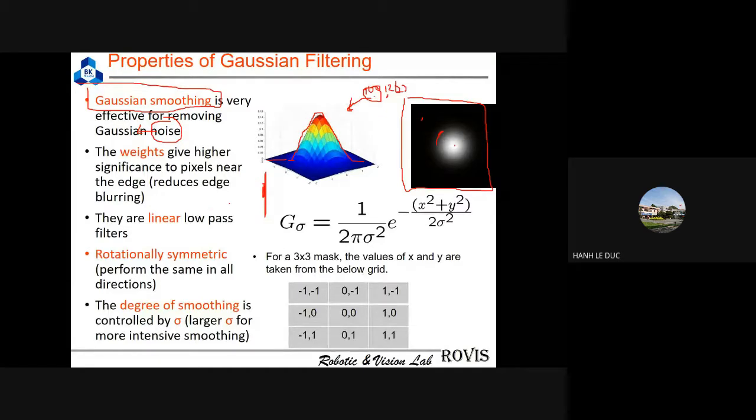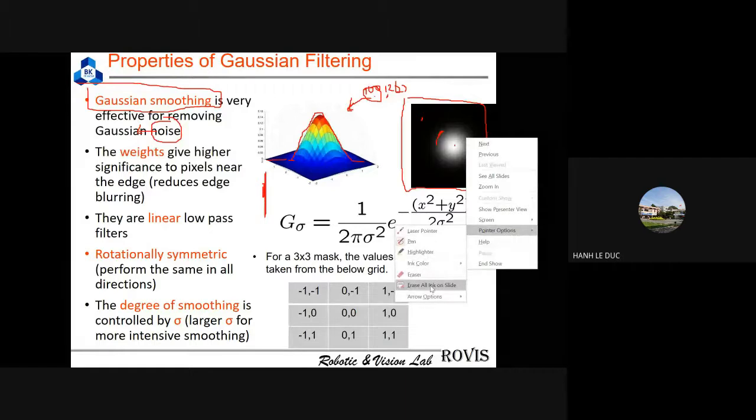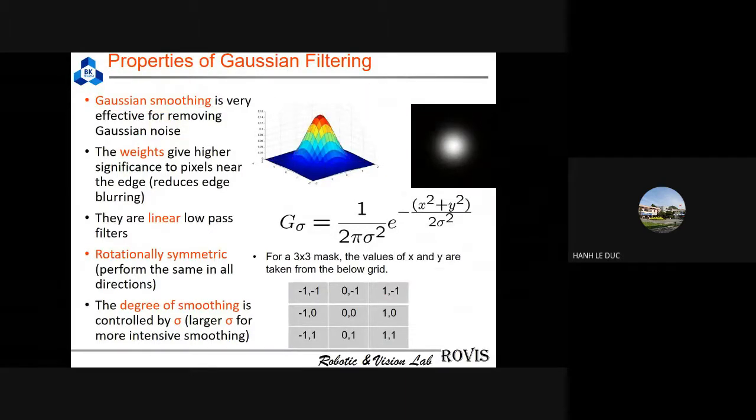Okay, and what we have to remember in the Gaussian filter is this function. And in this function, we have some variables. The first one is sigma here. The sigma is the degree of smoothing.